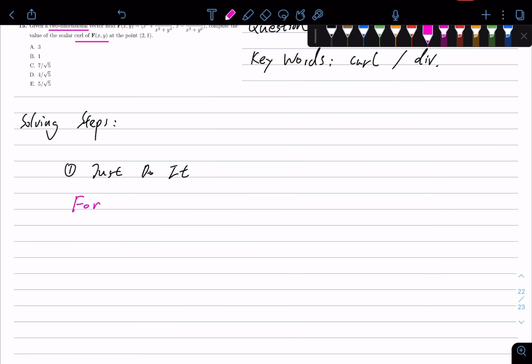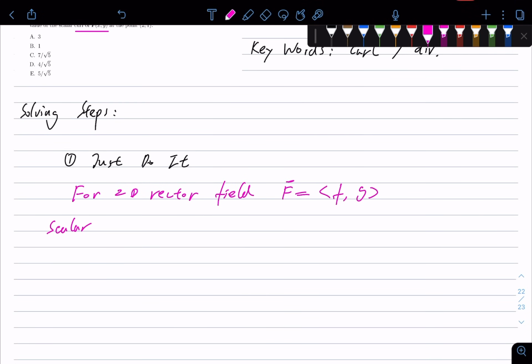So for a 2D vector field F equals F and G, the scalar curl of F equals the determinant, or I think that's what it's called, of the del operator in 2D, that's partial x, partial y, cross product with F and G, in the K direction, so that's the Z direction.